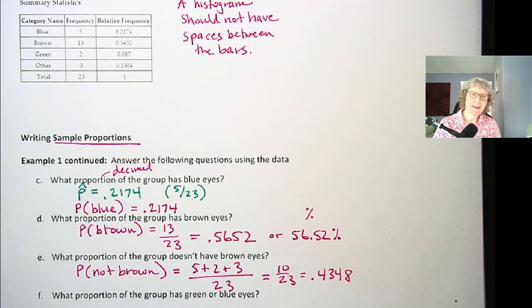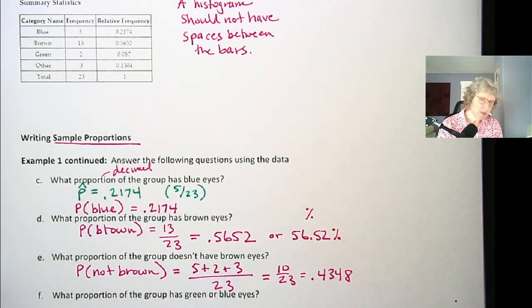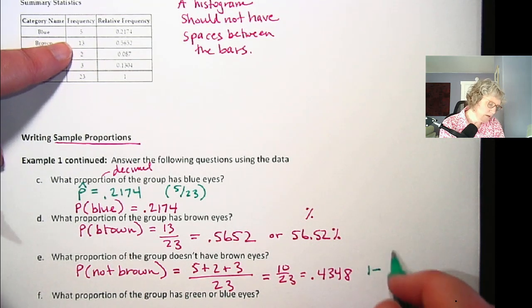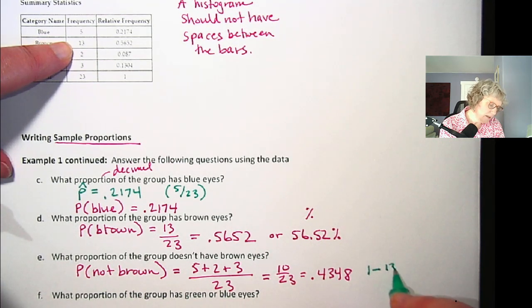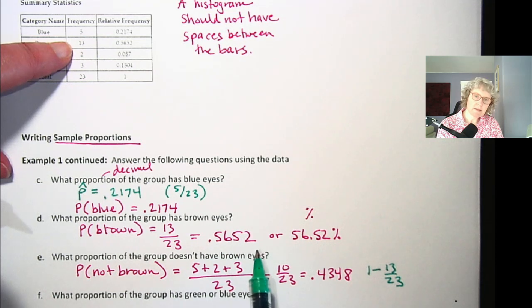Did you think of a different way to do it? There's also a subtraction way, because probabilities, proportions have to add up to 100%. Our total is 100%. So we could have used a subtraction way of doing it and said 1 minus 13 out of 23, and we already know that's 0.5652, so we could also do 1 minus that.